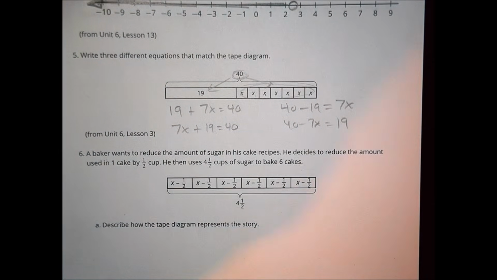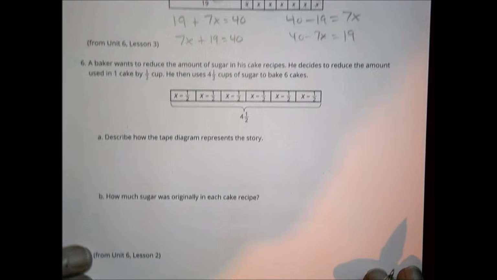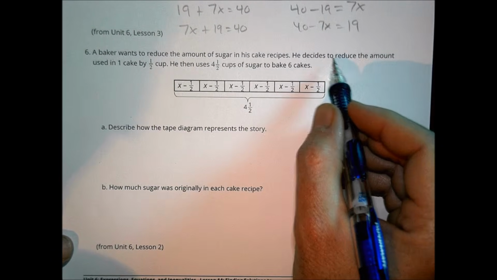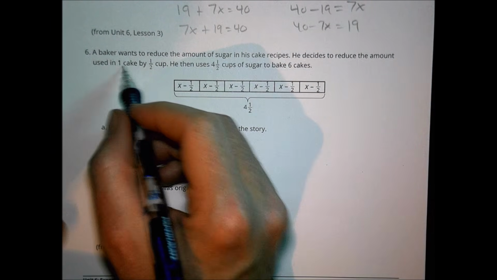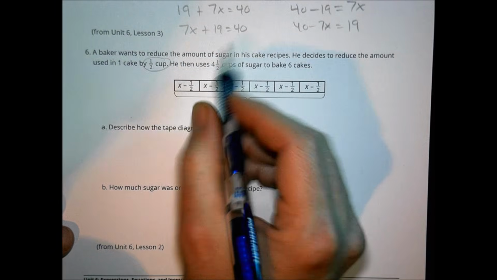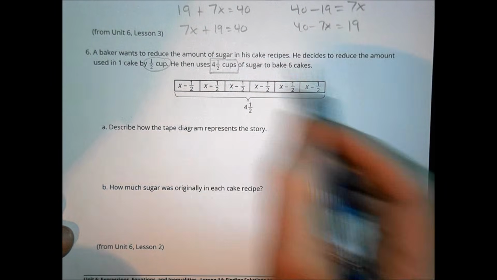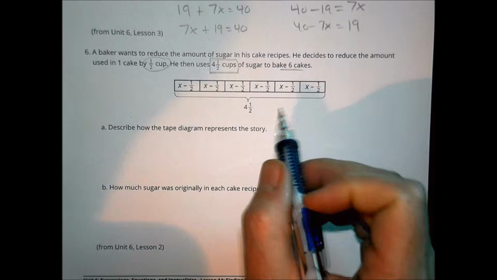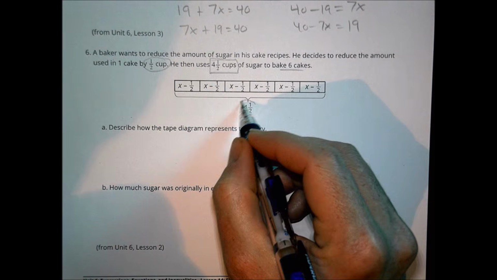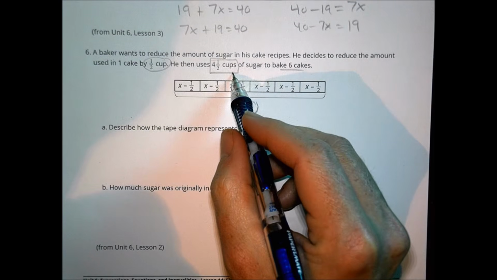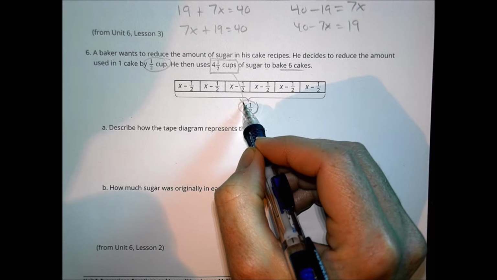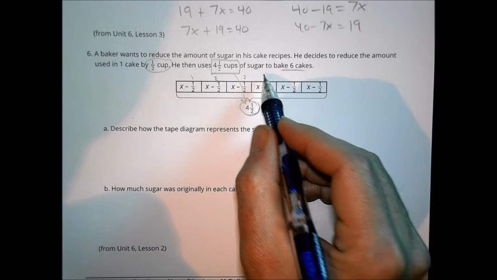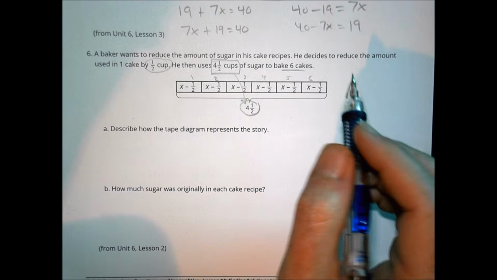Number 6. A baker wants to reduce the amount of sugar in his cake recipes. He decides to reduce the amount he used in one cake by 1/2 a cup. He then uses 4 1/2 cups of sugar to bake 6 cakes. Describe how a tape diagram represents the story. Okay, so the 4 1/2 here represents the number of cups of sugar he uses in 6 cakes. 1, 2, 3, 4, 5, 6. All right. So that's what that represents there.